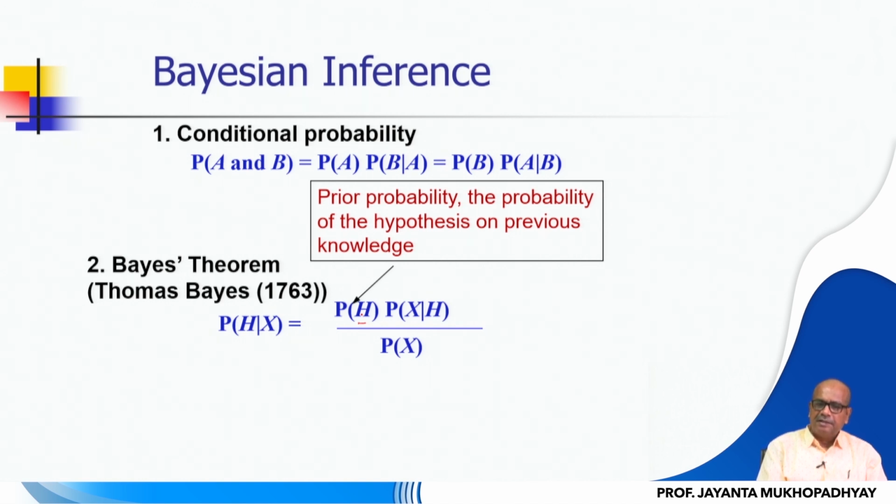If I consider a person and ask you the gender of that person, whether male or female, there is a certain distribution of male and female in a particular community. The prior probability tells you that without looking at anything, this is the probability that the person is male or female. Already there is some bias in the distribution.